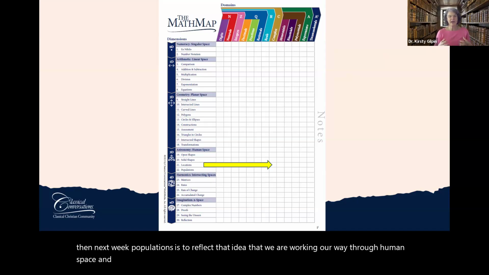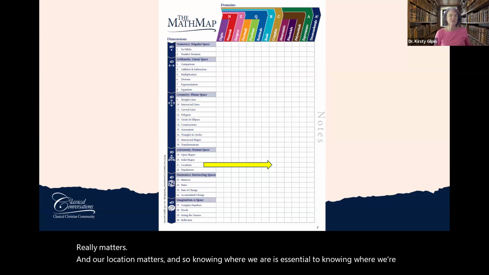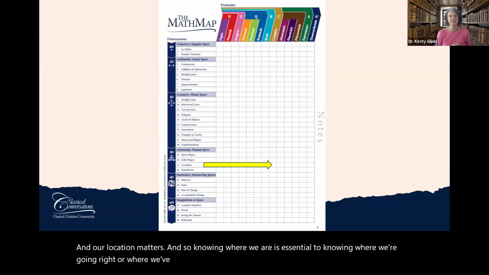And when we think about the space around us, where we are really matters. Our location matters. And so knowing where we are is essential to knowing where we're going, right? Or where we've come from. And so that's one of the reasons why this week is called locations.